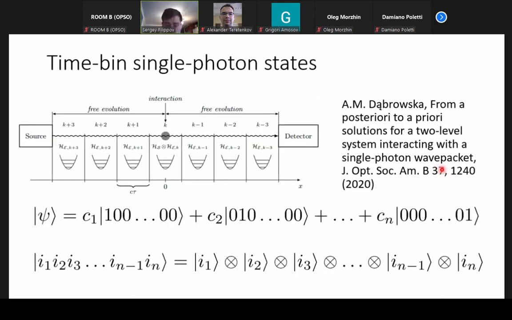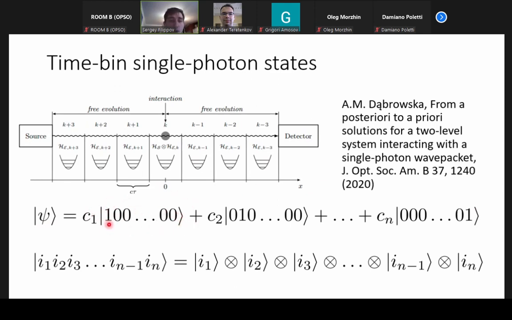So let us consider one of those problems in more detail. So what makes it so complicated? The complication comes from the entanglement in the single photon wave packet. So here you can see the state psi, which is a linear combination of one photon excitations in time-bin modes.